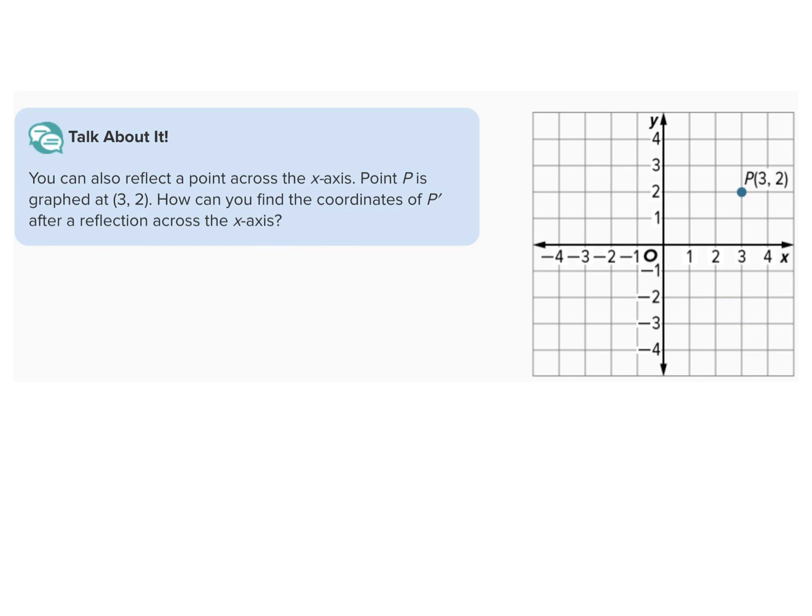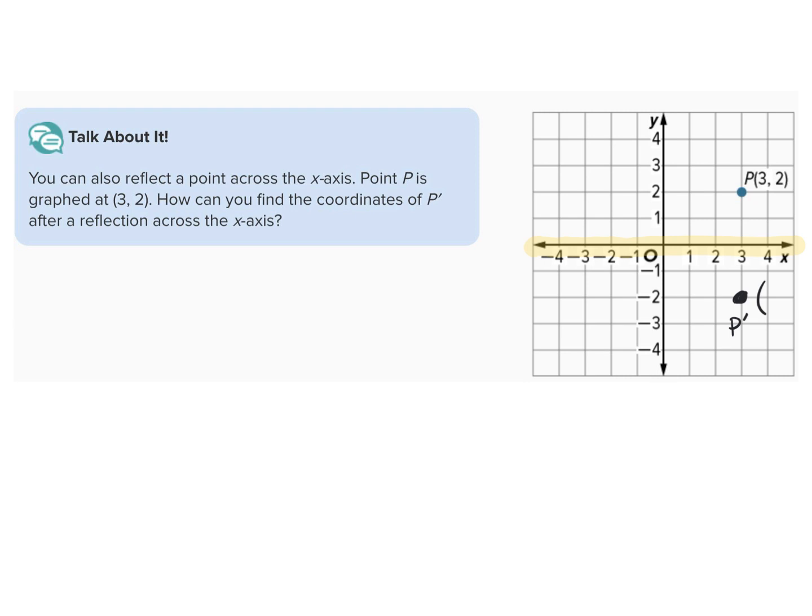So I'm going to go ahead and highlight every time I reflect so that you can see the line of reflection that we're going to go across. So here I have P is 2 units away from the line of reflection. So I'm going to draw a new point P 2 units away from the line of reflection, but in the opposite direction. I'm going to name it P prime, and I'm going to put its ordered pair.